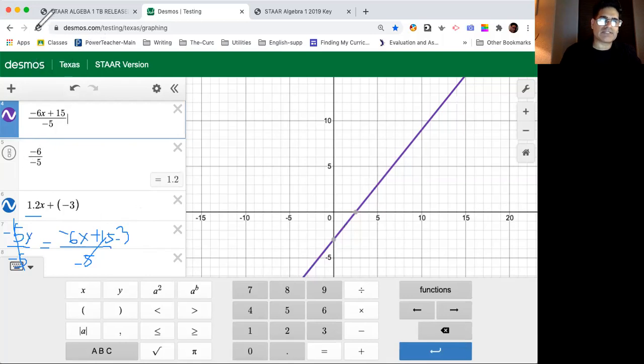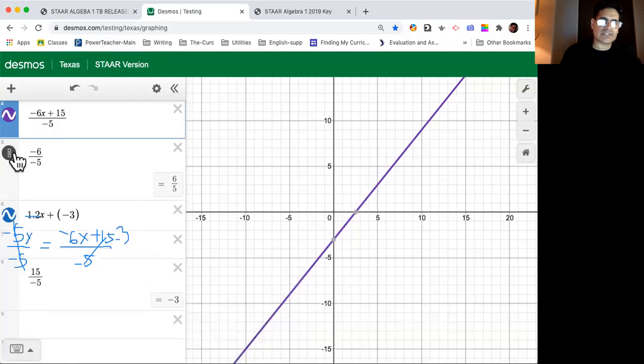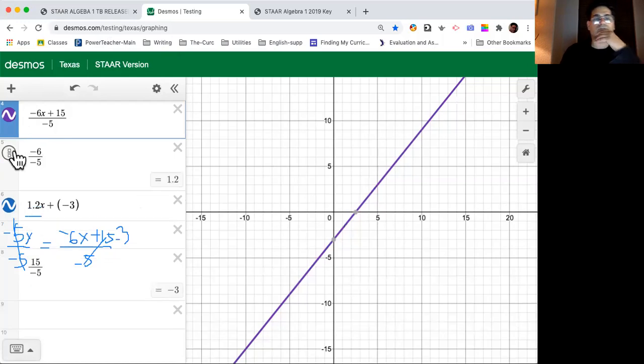And here's another neat feature. It gives us different ways of calculating that. Notice it says that's actually 6/5, because a negative over a negative becomes a positive, and there's our decimal. Really ugly stuff.